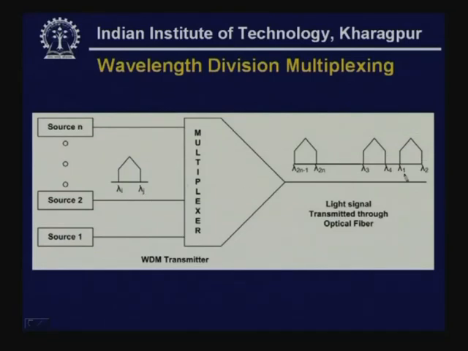So, here for example, this is the signal coming from channel 1 lambda 1 to lambda 2, channel 2 lambda 3 to lambda 4. You can see there is some guard band in between. Then for channel n lambda 2n minus 1 to 2n. So, these different wavelengths can be multiplexed and sent through an optical fiber cable.